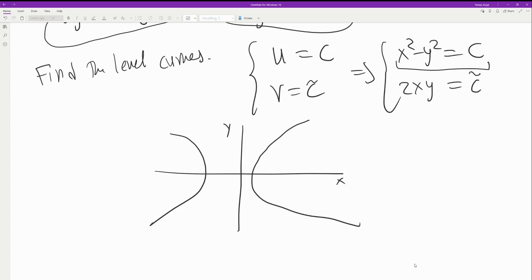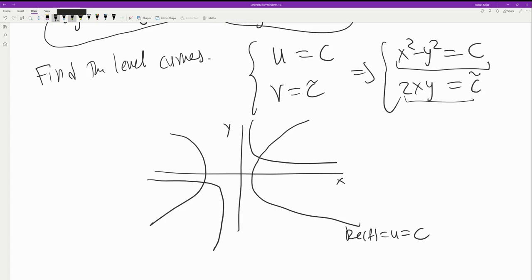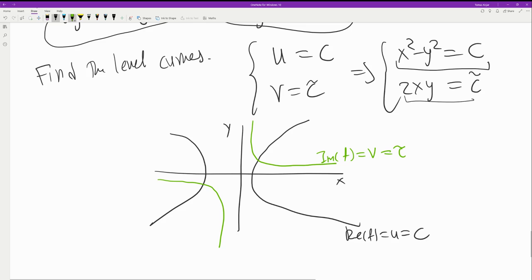So this is the real part of f is constant, and these are 1 over x functions. I should use a different color. So the imaginary part of f equal to v is a constant. Okay, so that's an example.